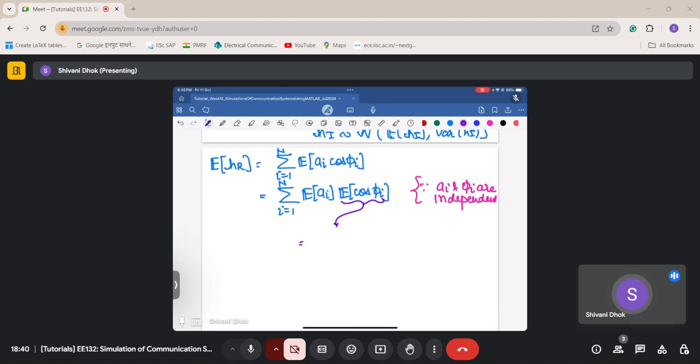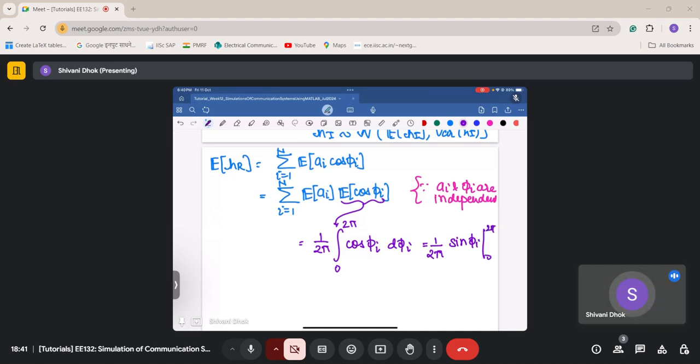So this is equal to 1 over 2 pi integral 0 to 2 pi. Why? Because your phi i is a uniformly distributed random variable in 0 to 2 pi. So the PDF of that thing is basically 1 over 2 pi, into cos of phi i d phi i. This comes out to be equal to 1 over 2 pi into sine of phi i from 0 to 2 pi.